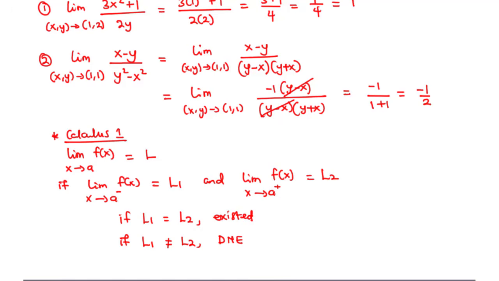Now the only difference is that with functions of two variables, we have infinitely many directions in approaching the point (a, b).